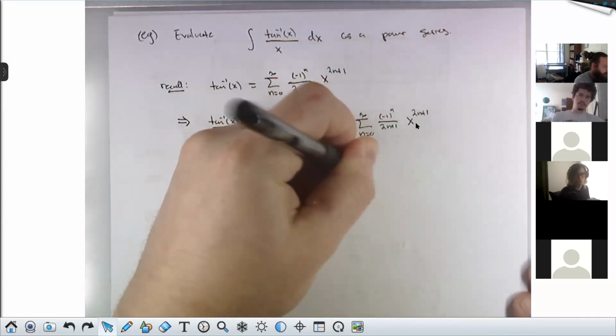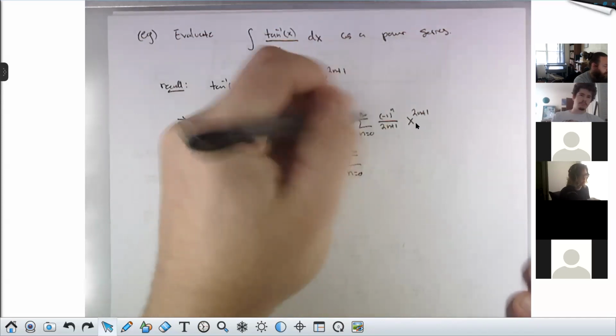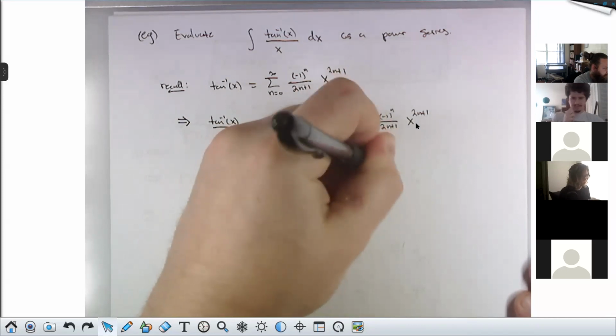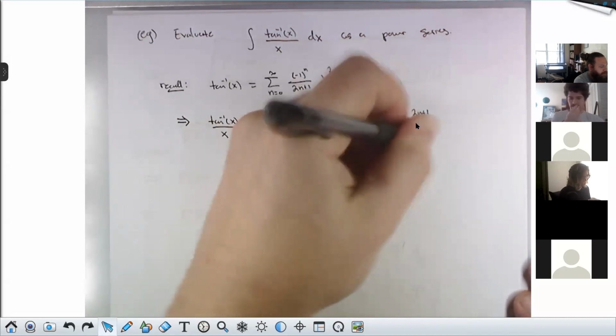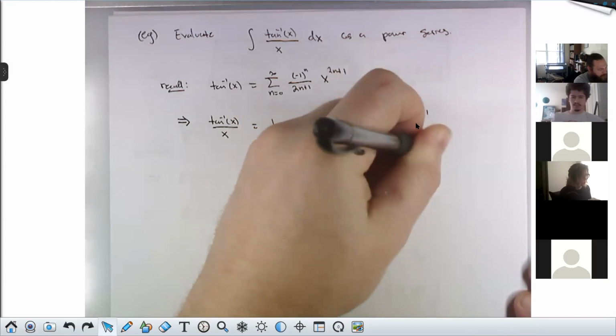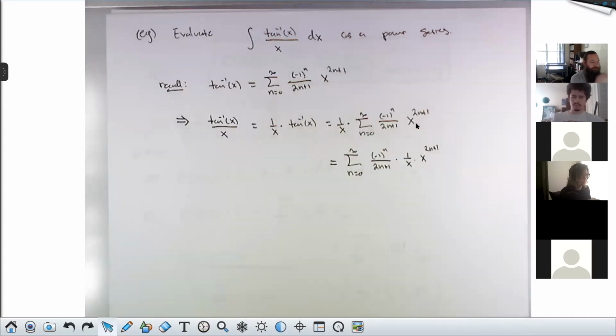Giving us sigma n from 0 to infinity. We'll move it right past all this other stuff. We have -1 to the n over 2n plus 1 times 1 over x times x to the 2n plus 1. And these two guys can interact. We're dividing x to the 2n plus 1 by x.